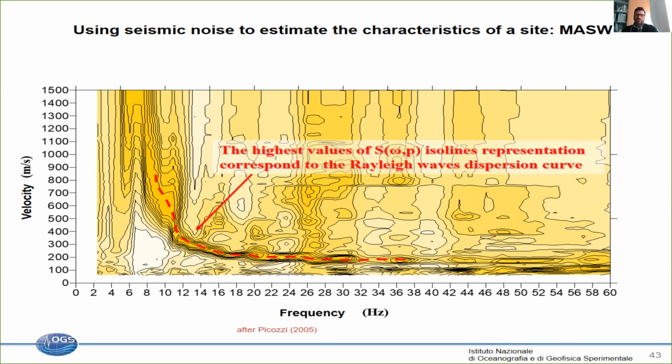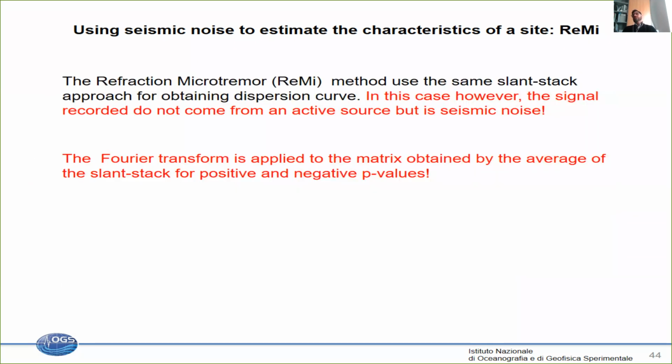The same methods that I described until now with MASW, whether you work with a slant stack or with a tau-p transformation, it doesn't make a large difference, were then applied also to linear arrays using seismic noise.